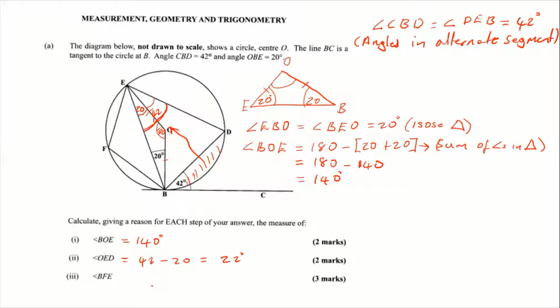So we'll get our 2 mark there. Then now they ask us for the third problem here, which is angle BFE. We need to identify that BFE, which is this angle here. That's the angle there, BFE.